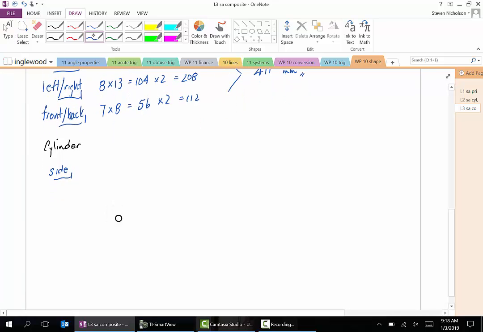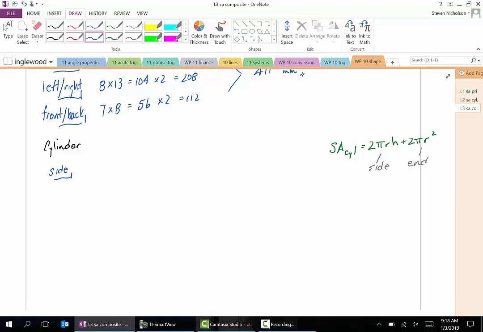And remember the formula for surface area of a cylinder is equal to 2 pi r h plus 2 pi r squared. And this is the side, and this is the end or base, whatever you want to call it.